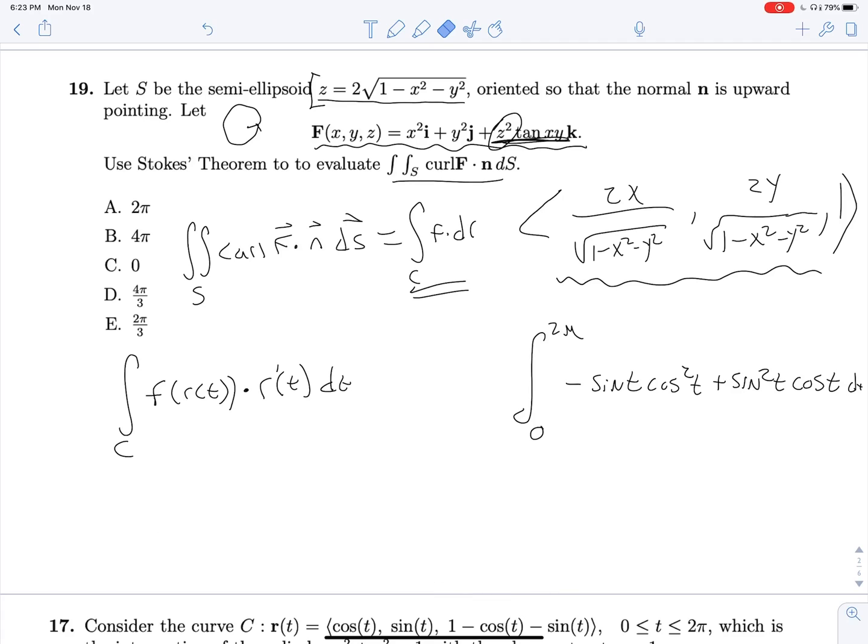Okay, so making a little bit more room, we can split this integral up into 2 smaller integrals and do u substitution on each of them individually. So the integral from 0 to 2 pi of negative sine t cosine squared t, we can set u equal to cosine t and du to negative sine t dt. And this integral will become the integral from 1 to 1 of u squared du.